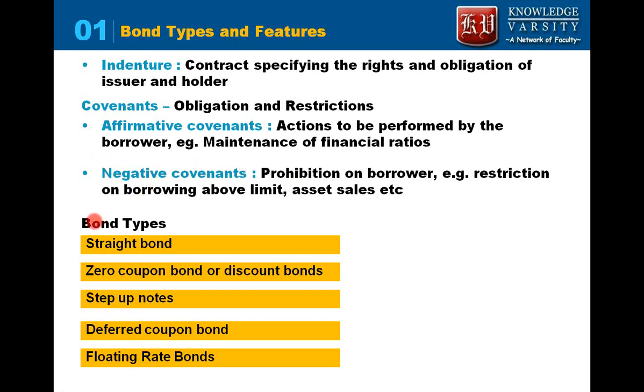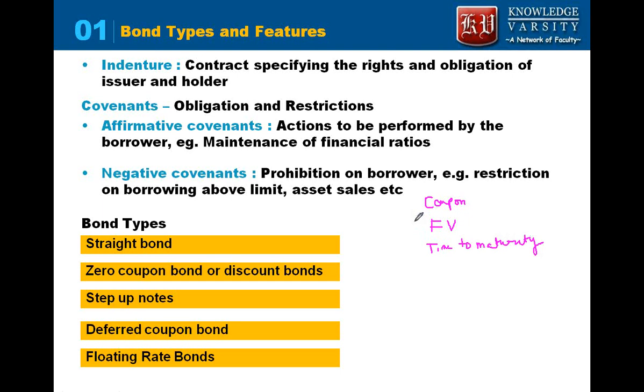Now we'll see what the different types of bonds are. Before covering the different types of bonds, we'll cover what a bond has. A bond has what is called a coupon. It has a coupon, it has a face value, it has a time to maturity, that is, the time at which the bond will mature, that is, it will cease to exist.